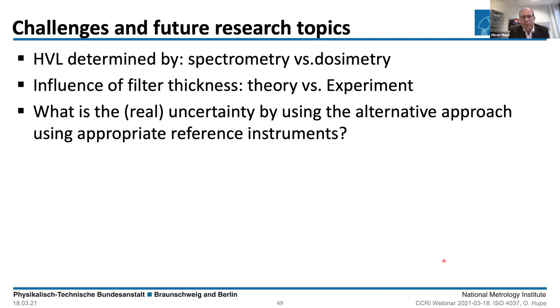As I said, not all points are solved up to now. So many of the requirements are based on calculations, especially for the half value layer determination. We came up with 2 methods, if you can determine them. You can use spectrometry and calculate it out of the spectra, or you can perform dosimetry. I would believe in both you would end up with the same half value layer thickness, but that's not the case.